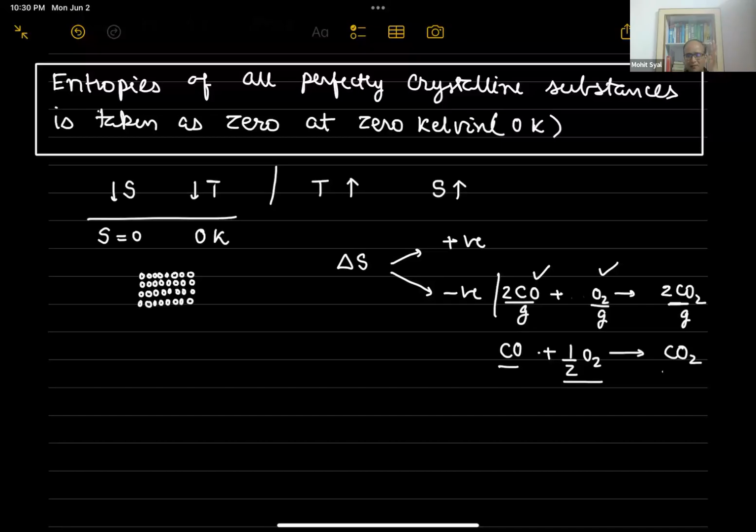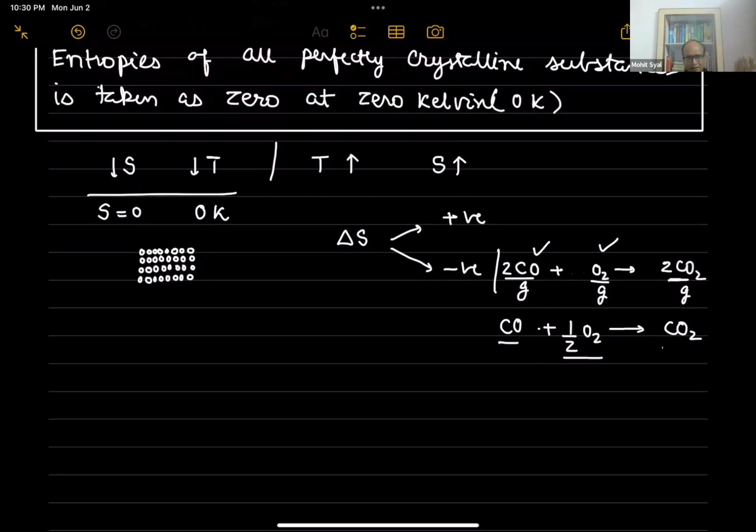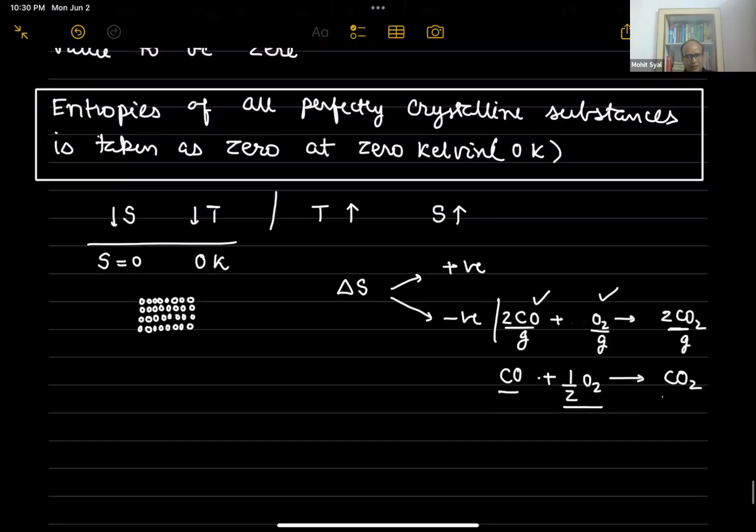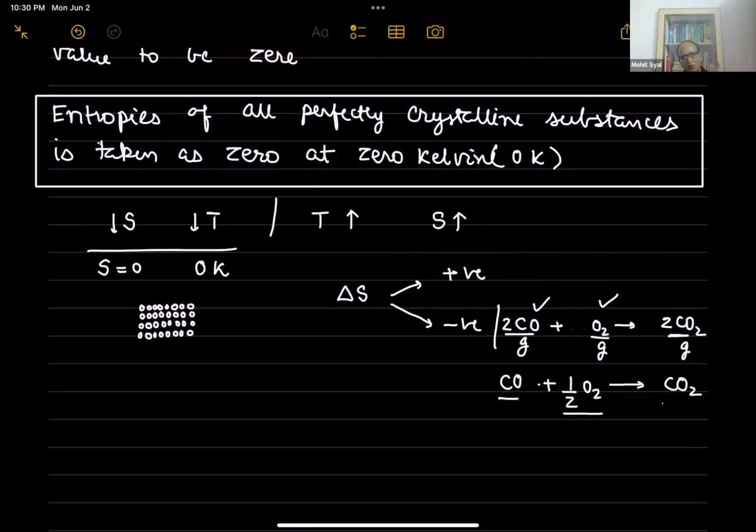And as the temperature increases and you come to room temperature, some of the material melts and changes to gas, or some of the material may remain liquid like water. But its entropy has increased. So the third law is at 0 Kelvin, you think backward.